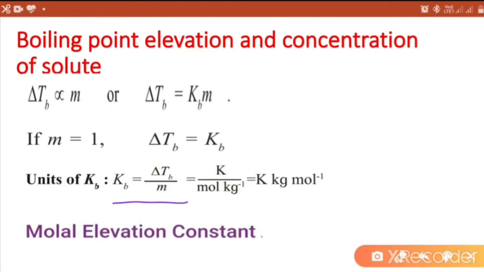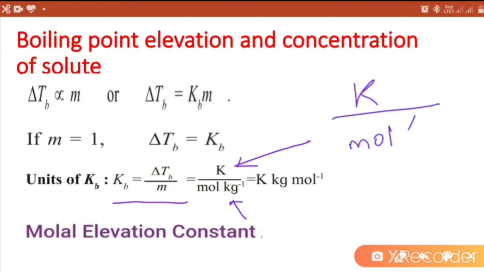The unit of temperature is Kelvin, and the unit of molality is mole per kg, or mole kg raised to minus 1. So Kelvin divided by mole per kg becomes Kelvin kg mole raised to minus 1. This is the molar elevation constant.